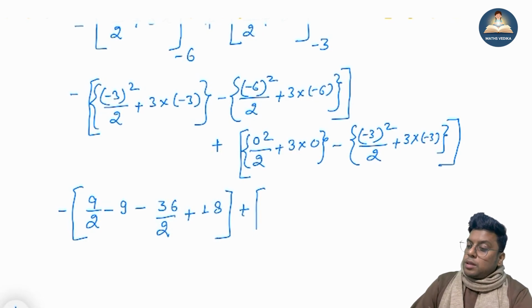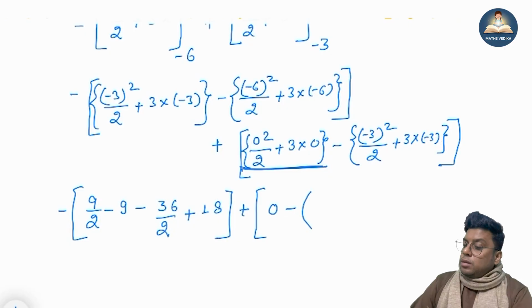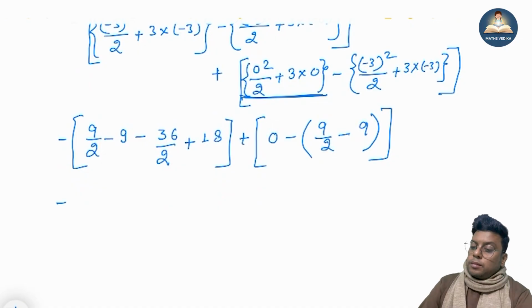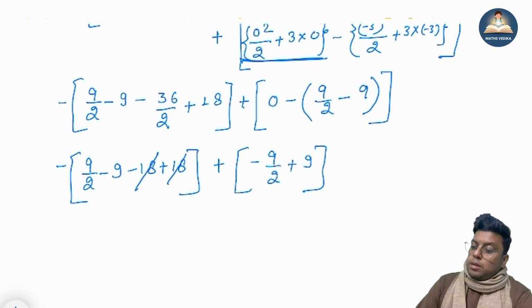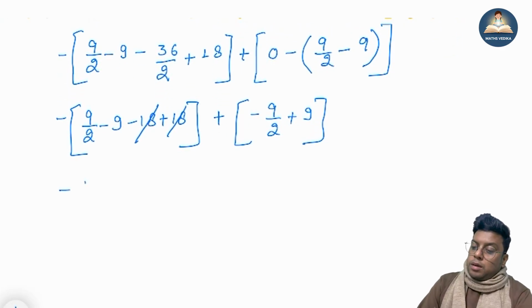Plus this will become 0, so 0 minus 9/2 minus 9. So we have 9/2 minus 9 minus 18 plus 18 plus (-9/2 + 9). The -18 and 18 will cancel out. Now we have -9/2 plus 9 plus (-9/2) plus 9.